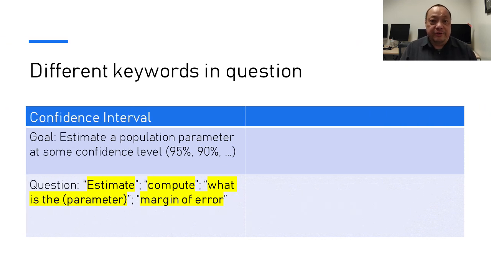Because the goals are different, certain keywords will be different between the confidence interval question and a hypothesis testing question. For CI, because we're looking to estimate some number, keywords that appear in CI questions can be estimate, compute, or what is the blank, or something about some margin of error.